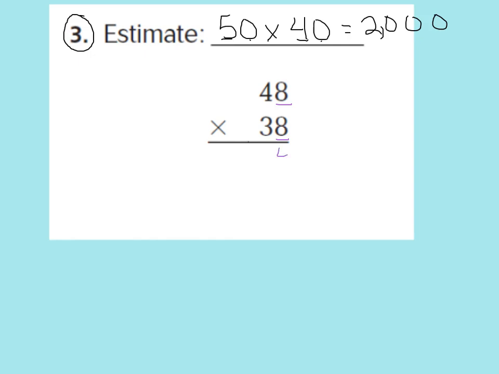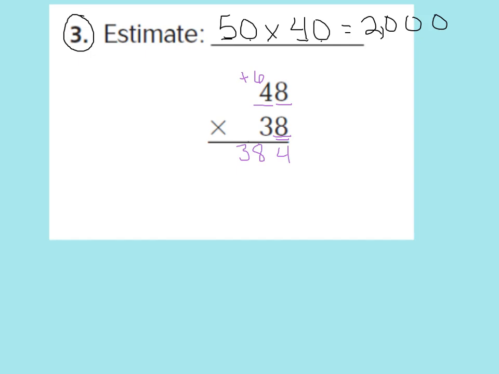I'm going to drop down my 4, regroup my 6 tens. Now I need to multiply my 8 times my 4. 8 times 4 is 32. 32 plus 6 is 38. So I need to bring down 38 as part of my partial product.